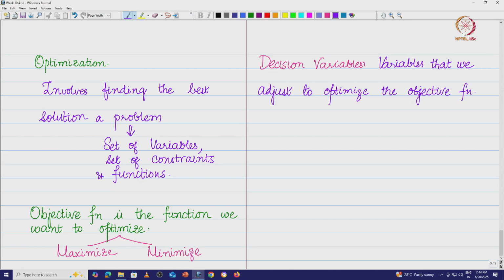Right, and then we have what we call constraints. These are basically the restrictions that we put on the decision variables.